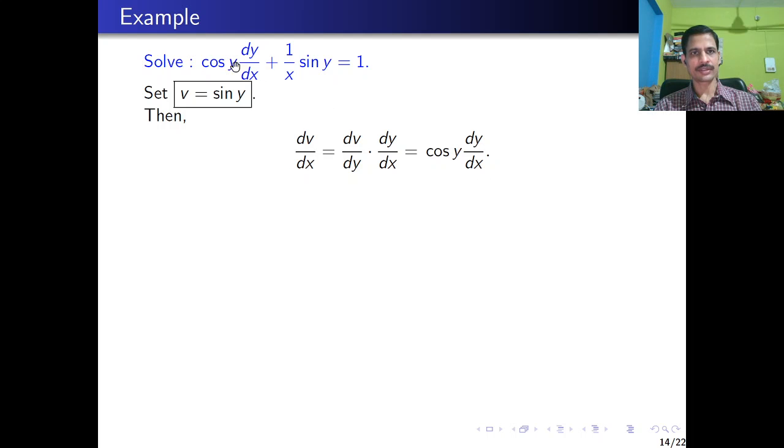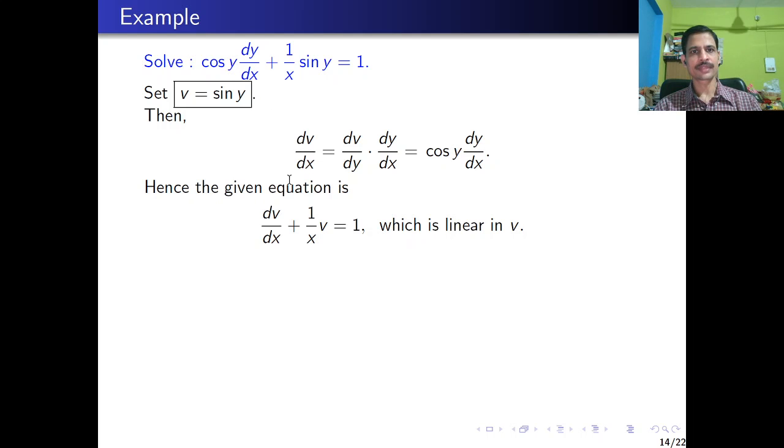So this also appears in the differential equation. So we replace this term by dv by dx. So what you get is dv by dx plus 1 by x v is equal to 1, which is linear in the variable v, the dependent variable v and independent variable x. It is a linear first order ODE, and we know how to solve it by integrating factors.